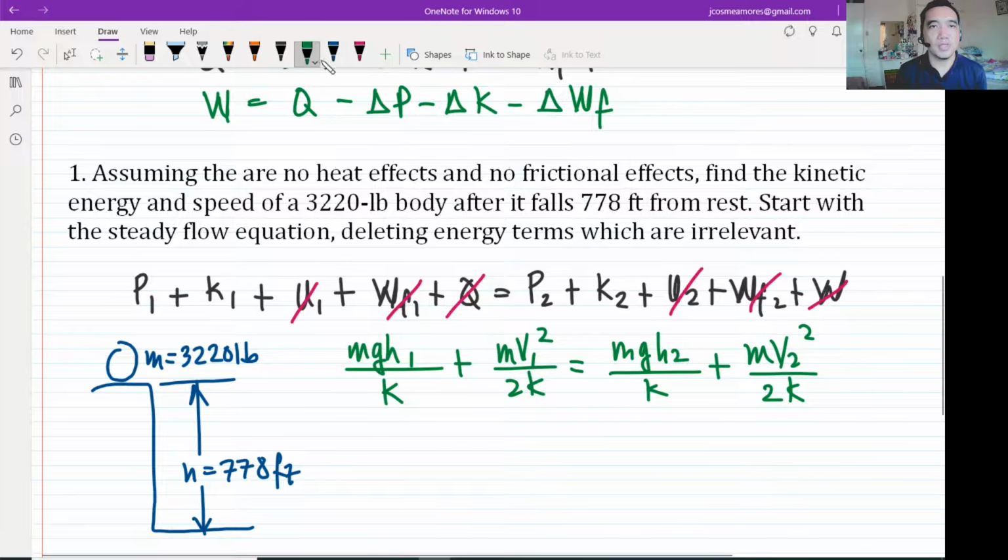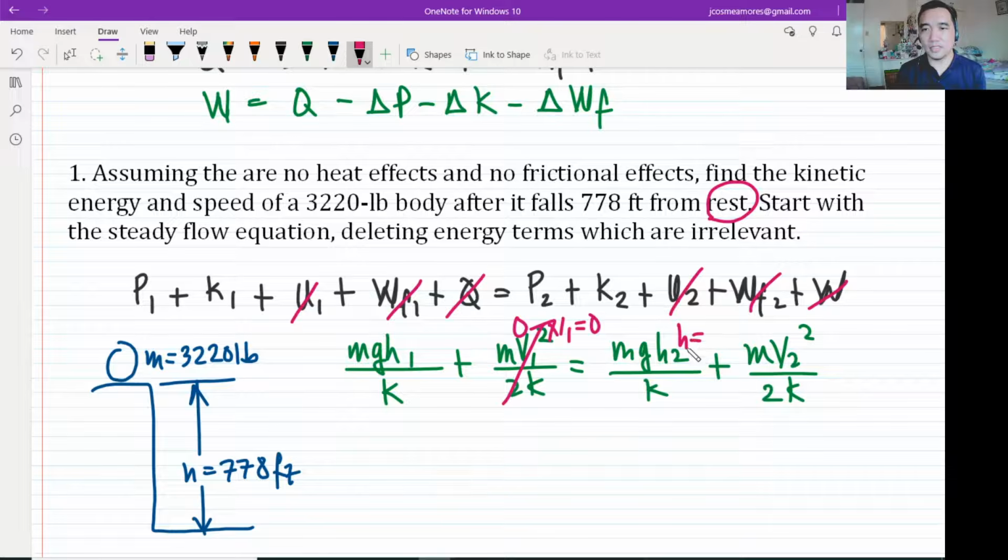What we can see here is that it starts from rest, so at point 1 the velocity is 0. So v1 is equal to 0, and we can cancel out that term. Also, h1 is equal to the total height, while h2 is equal to 0, so that cancels too.